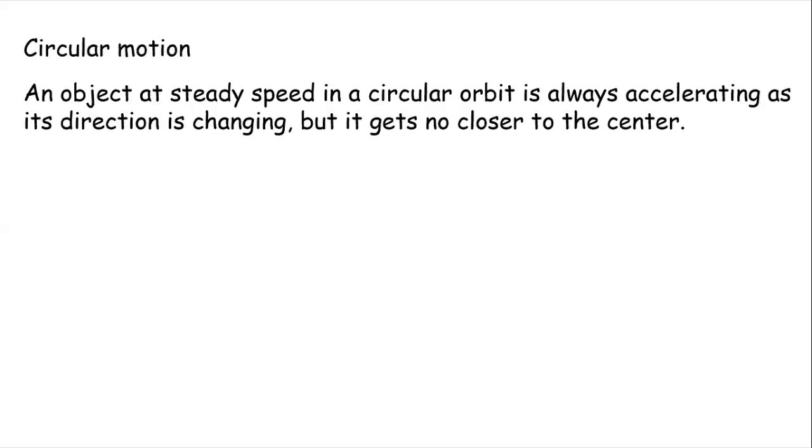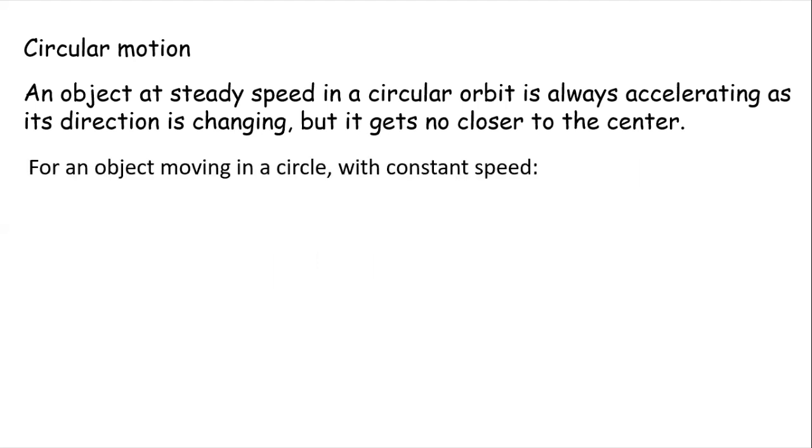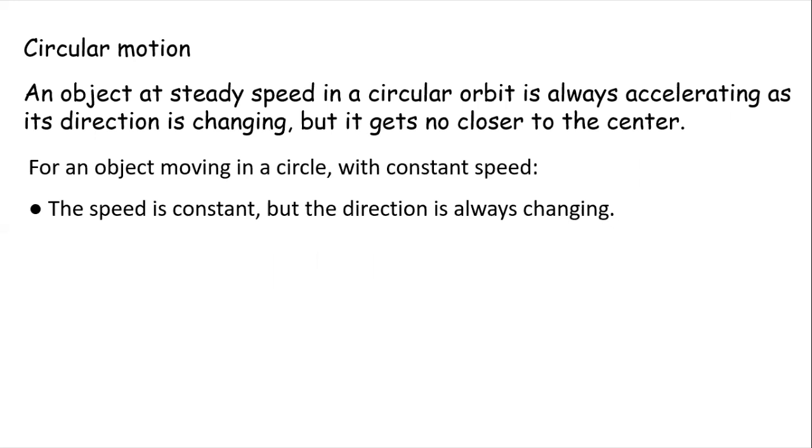Circular motion. An object at steady speed in a circular orbit is always accelerating as its direction is changing, but it gets no closer to the center. For an object moving in a circle with constant speed, the speed is constant, but the direction is always changing.